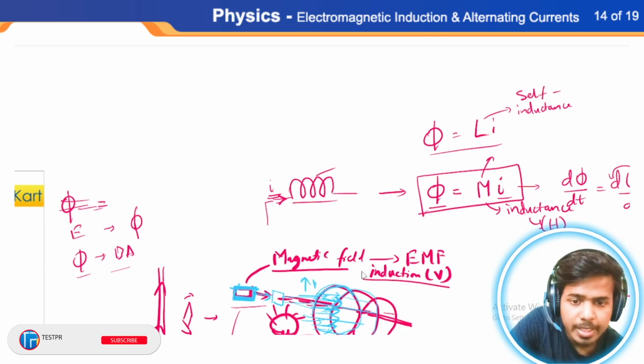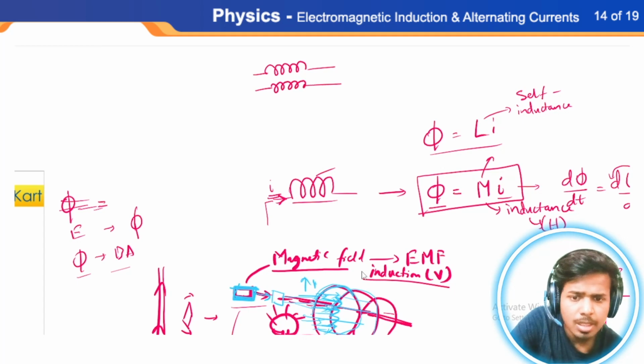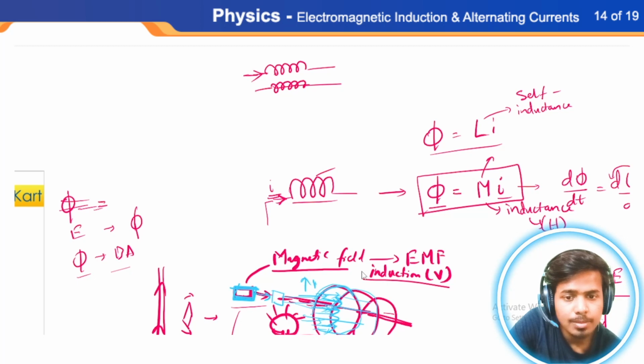Now there could be another case in which this is one inductor and this is another inductor in another circuit. The current changing in this one would result in a change in flux in this one, right? Because this is a solenoid, it creates a magnetic field around it in all directions.